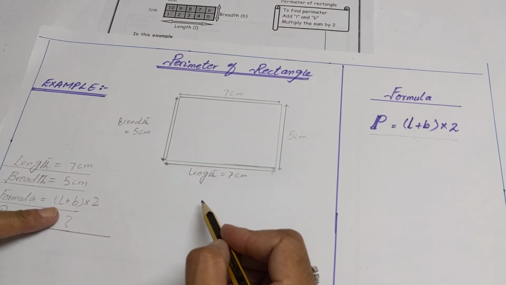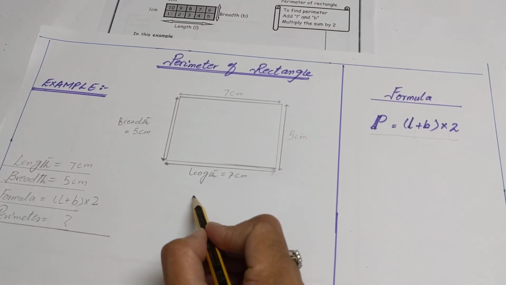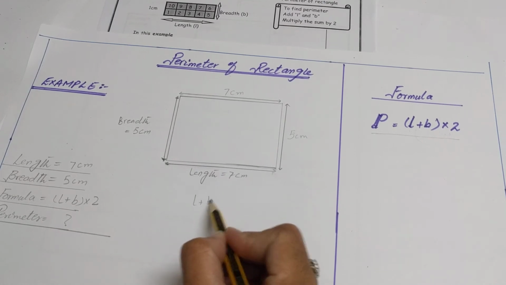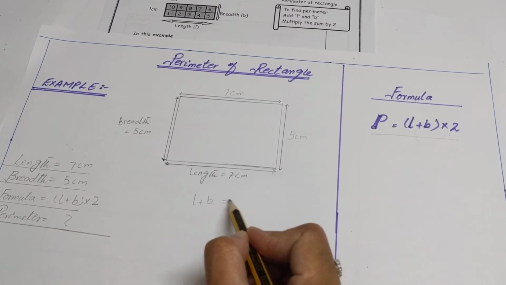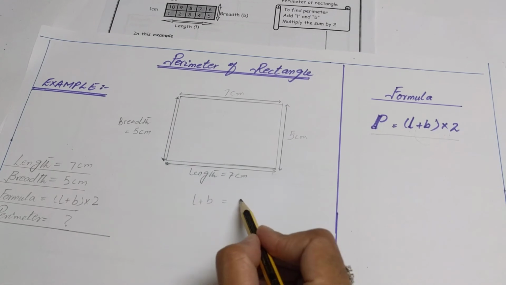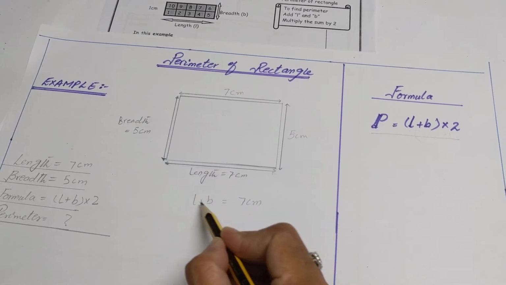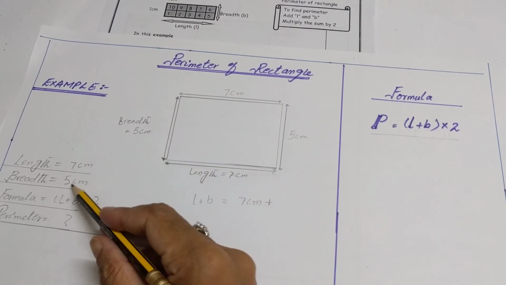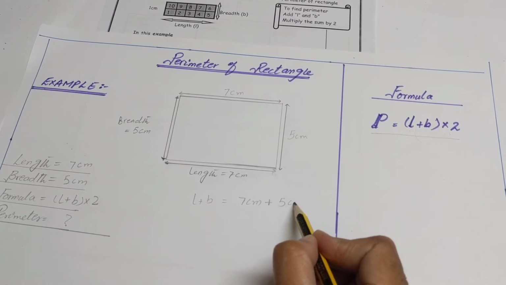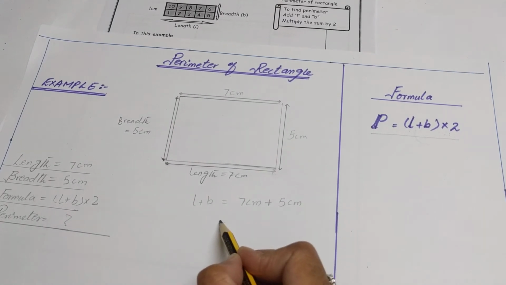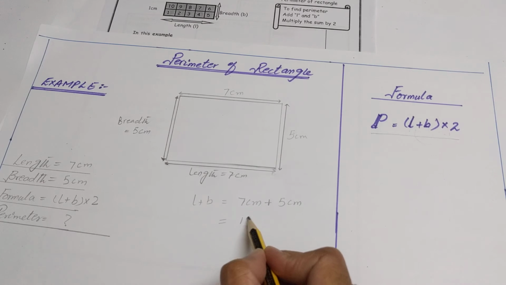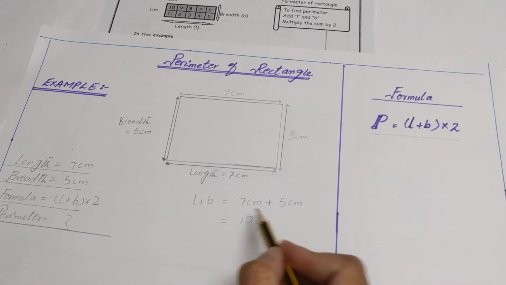Firstly, you will find the sum of the length plus breadth. So length plus breadth is equal to, what is the length? 7 centimeter plus what is the breadth? 5 centimeter. So what is the sum? 7 plus 5 is equal to 12 centimeter.